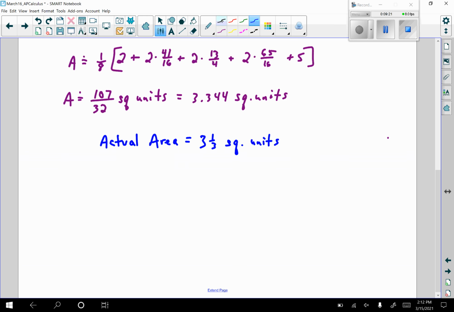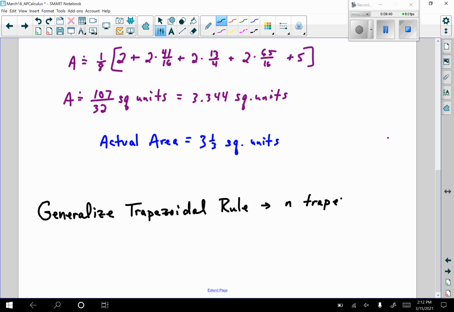So we're now going to generalize this trapezoidal rule, and this is used for n trapezoids.